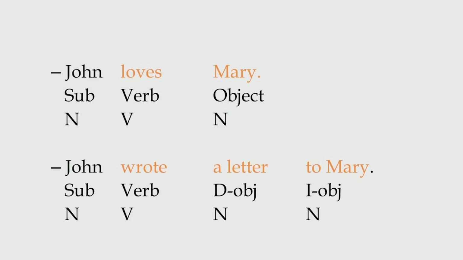In a very simple sentence of English, like John loves Mary and John wrote a letter to Mary, the two parts are John and loves Mary. John is identified as a subject, and the remaining part of the sentence in the other color is predicate.